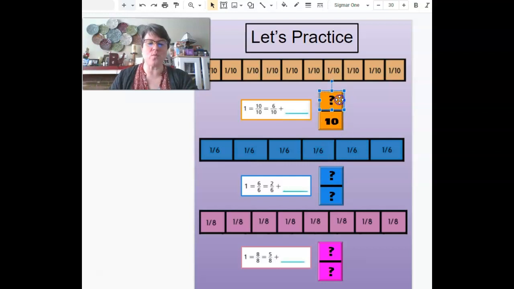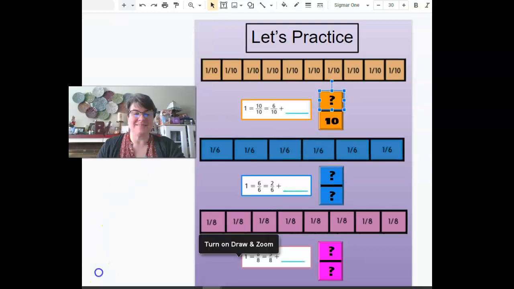Now I have to figure out what's going to be my number of pieces. That is my numerator. So to figure out what goes up here, I can look at this and see, well, right now I'm using up 6/10, right? So 6/10 is already here in my equation. So what's left? That's the other part that would be outside of it.